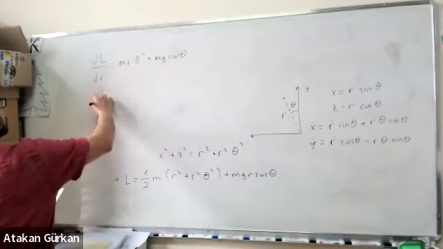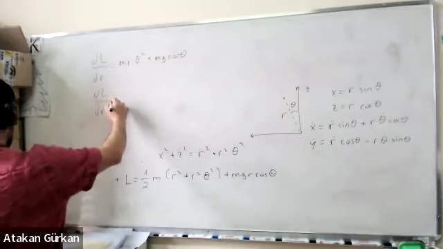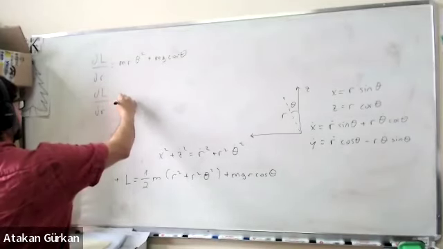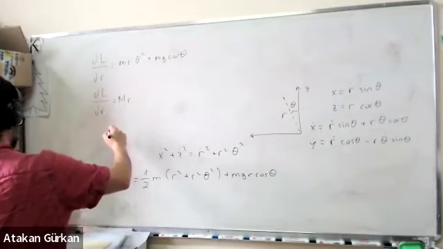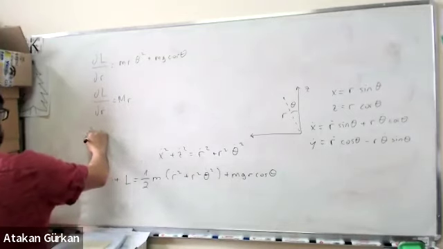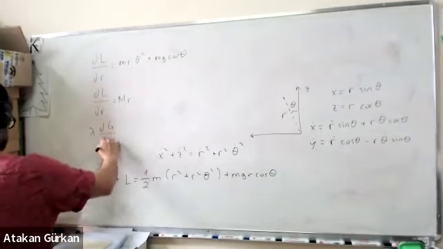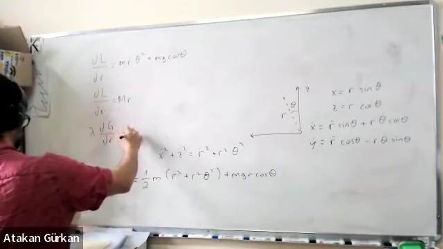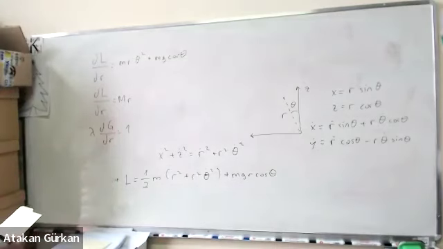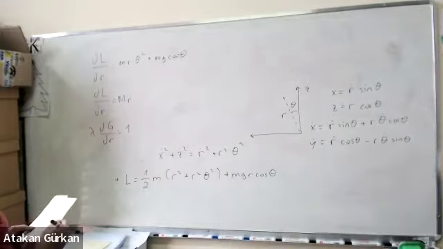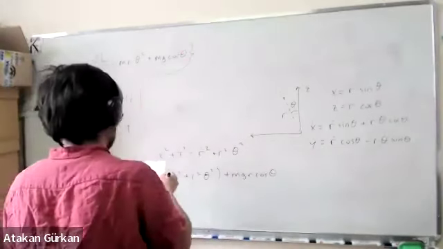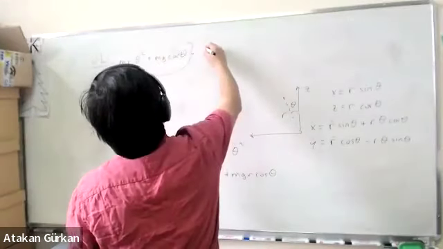The variation with respect to r dot is going to be m r dot, and lambda times the variation of the constraint with respect to r is just 1. So all of this gives me an equation.